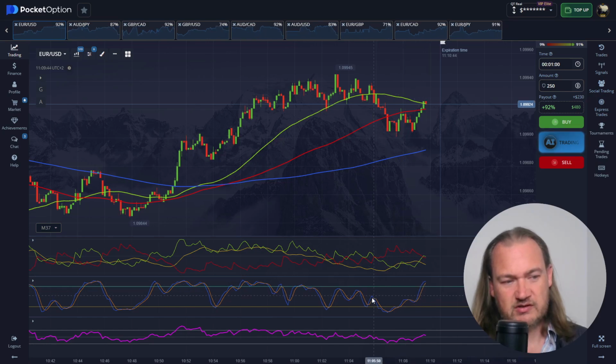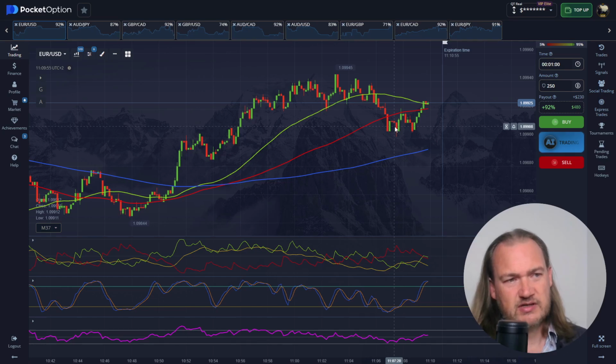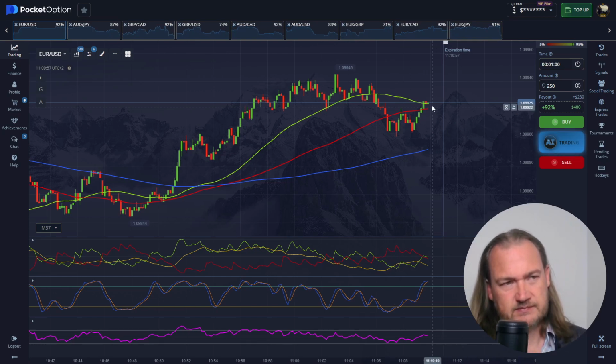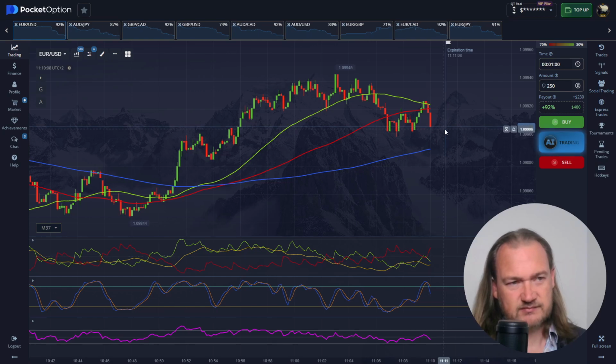Although it would have been divergence if it didn't form the high here and just go back up. This would have been my last high, and I would have been able to take a sell trade. But right now, no setup. Although if I had to bet, I was going to say it's going to drop from here, but that's just a feeling. It's not an entry, so we're not playing it.